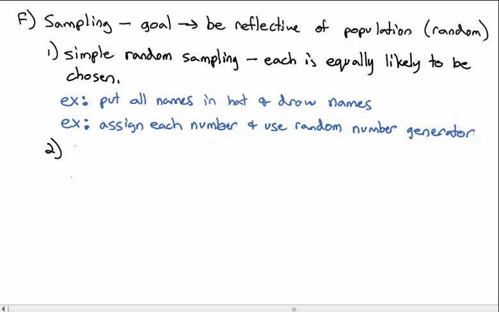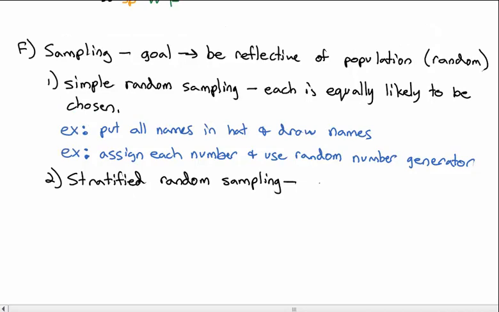Another option is what is called stratified random sampling. And what stratified random sampling does is it looks at each individual strata, or each individual group.